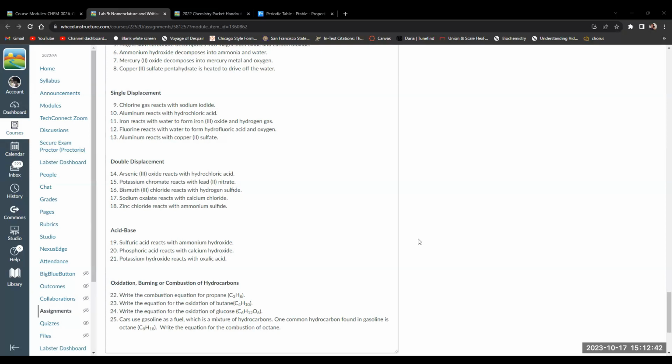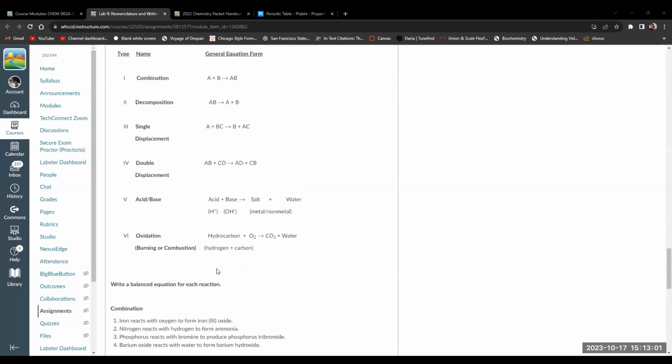So acid-base reactions. If you scroll up, we know that with an acid and base, we're always going to get water and we're going to get a salt. The salt is a little tricky, but I'll show you guys what I mean in a little bit.